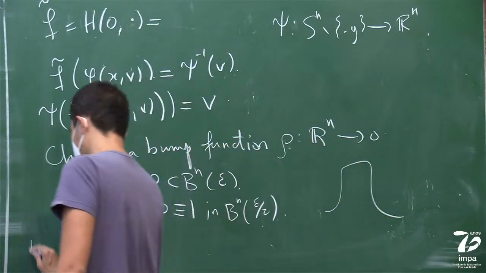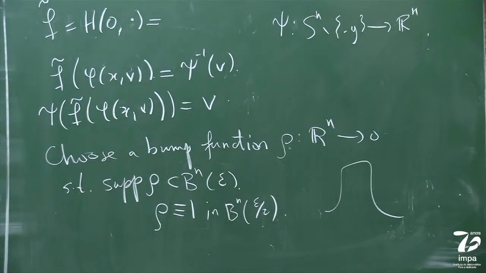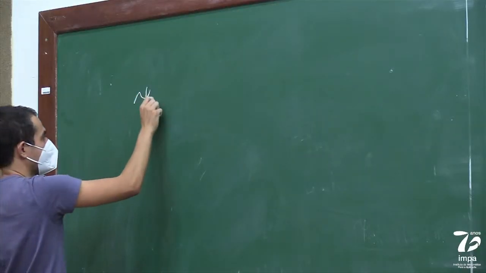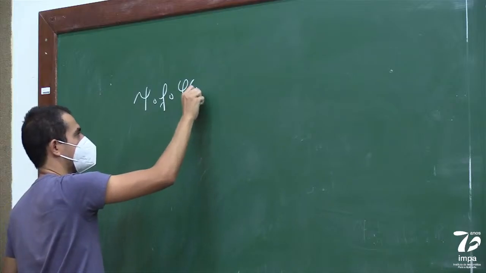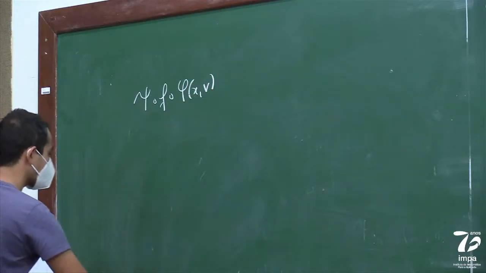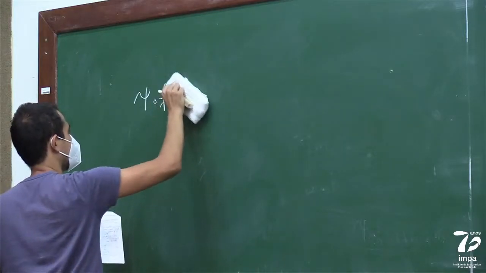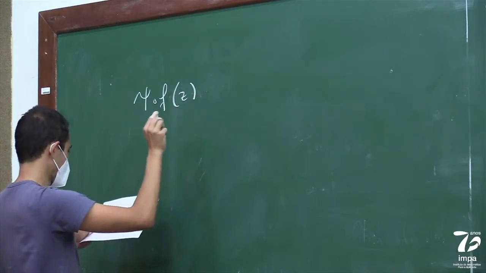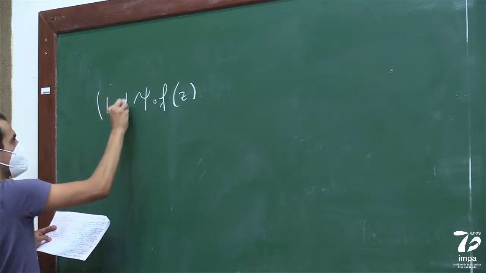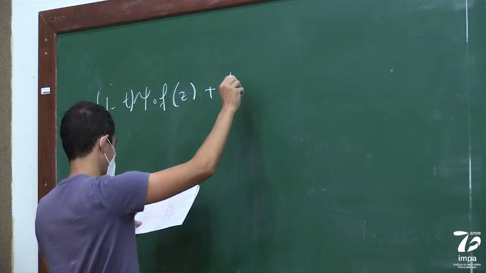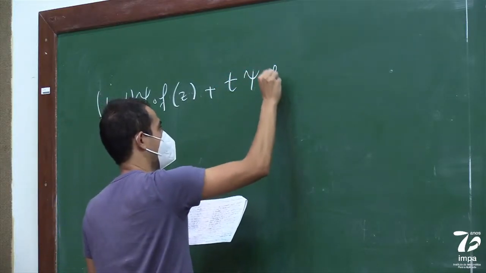And then I can define, well, let me go over here and define the homotopy. So if I'm inside this ball of radius epsilon over 2, I just really do the linear homotopy. So brute forcing means I can take my psi composed with f composed with phi of z, I put a 1 minus t here, and then plus t times psi of f tilde of z.